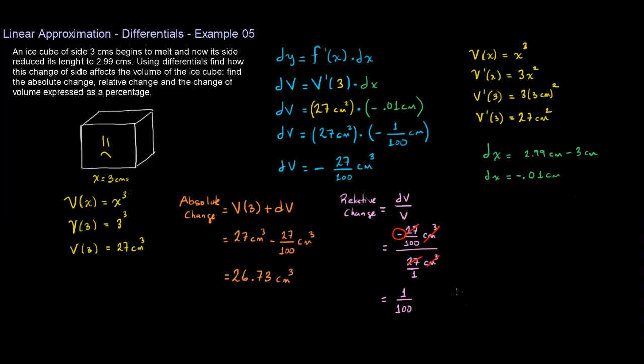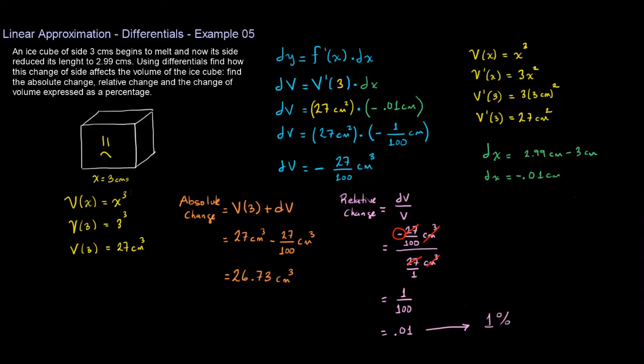Again, this number may not tell that much, so in order to depict it in a more useful way, let's express this as a percentage. This 1 over 100 is the same as 0.01. To express it as a percentage, we multiply it by 100, so this represents 1%.